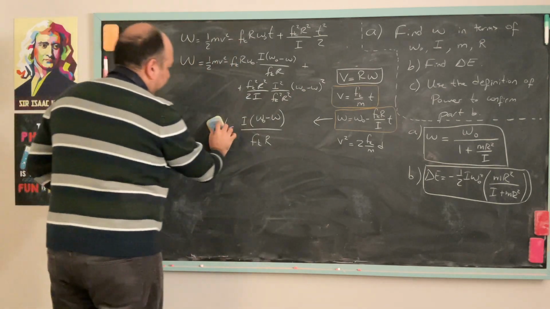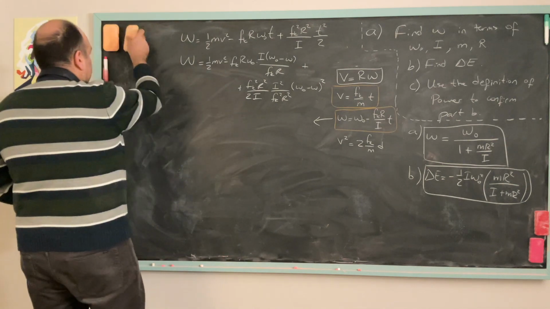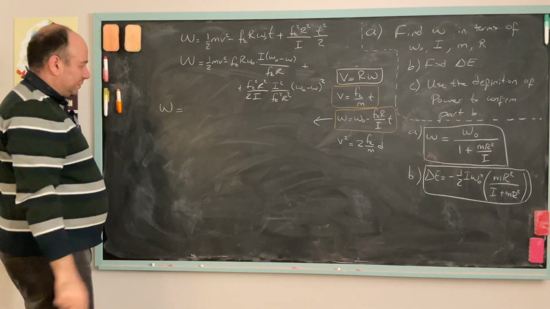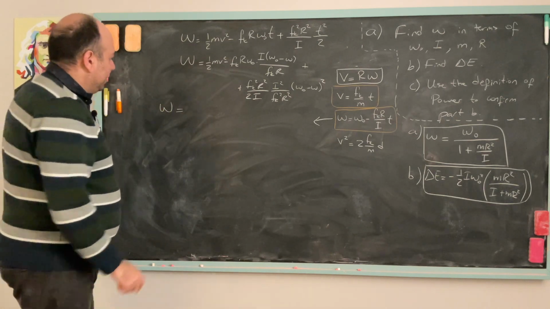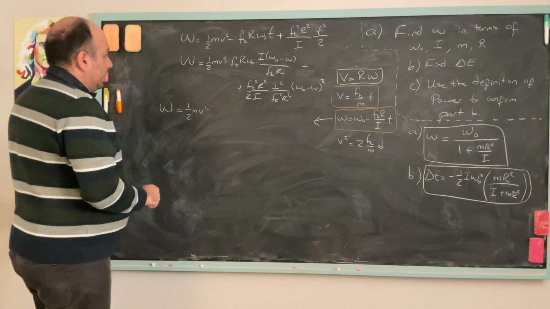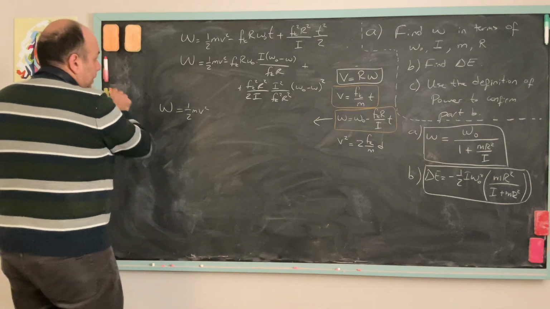This is good. So let's see what we get. The work done is equal to 1/2 mv squared. Let's cancel those.